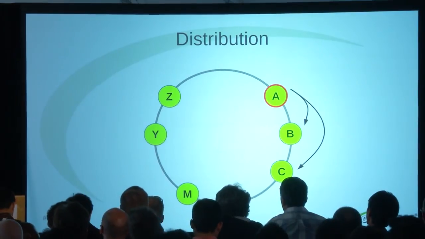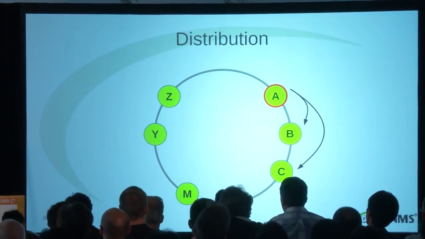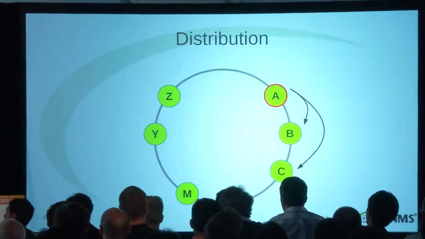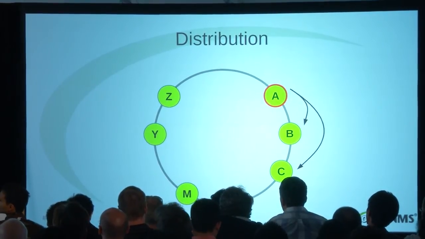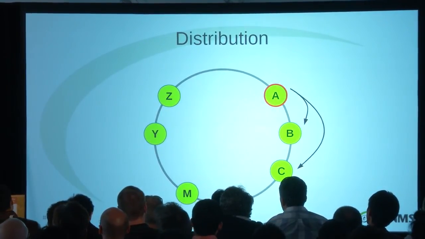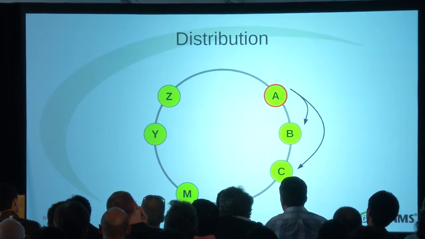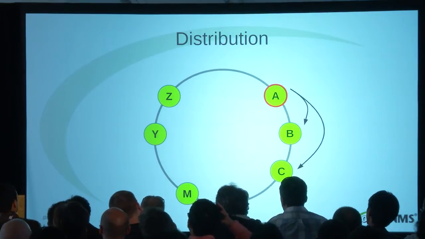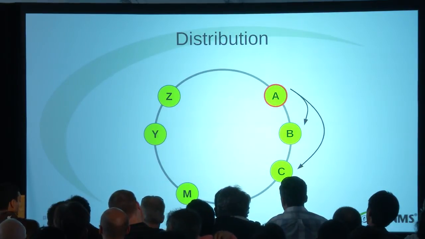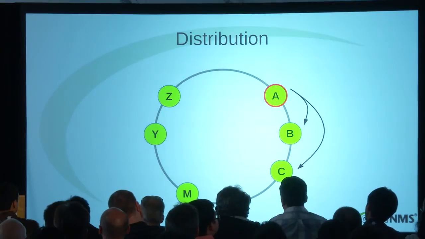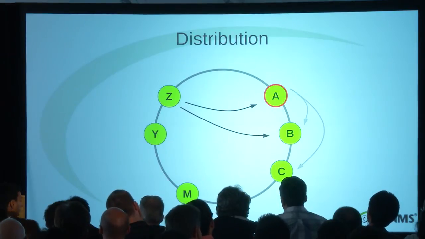So going back to that first diagram, I said that keys that belong on partition A are replicated, in the simplest case, on the next successive nodes working clockwise around the ring. So we have data from partition A, node A, being replicated to nodes B and C. But this is true for all of the nodes in the cluster.